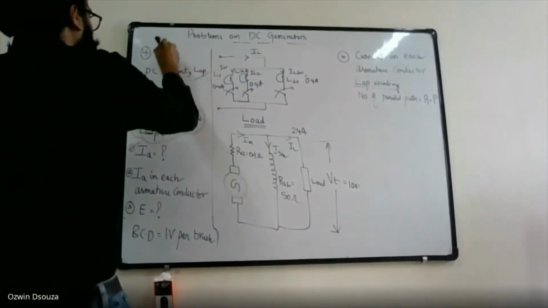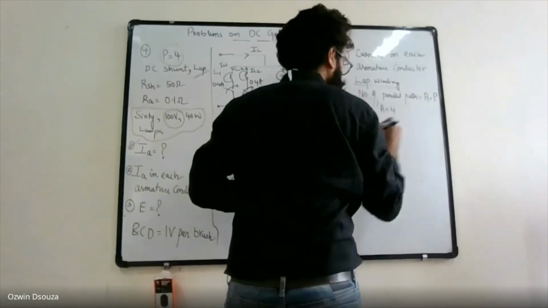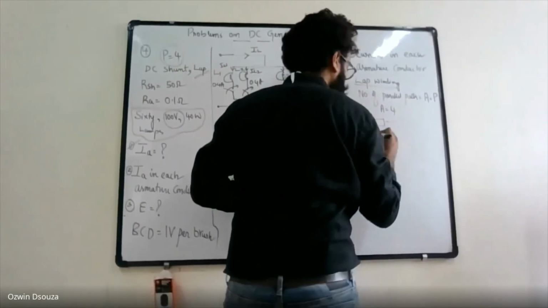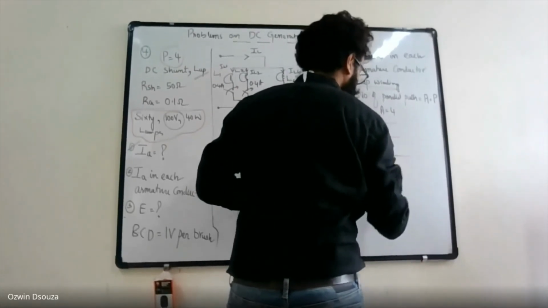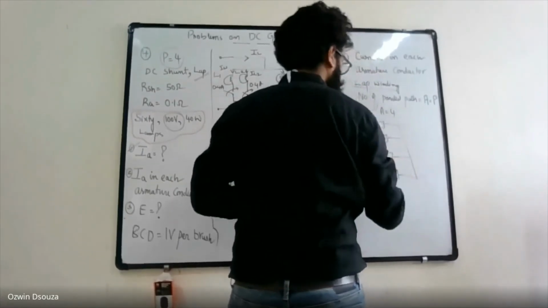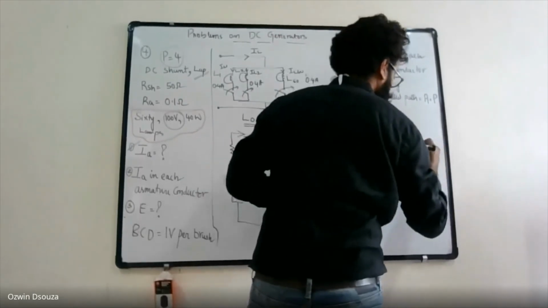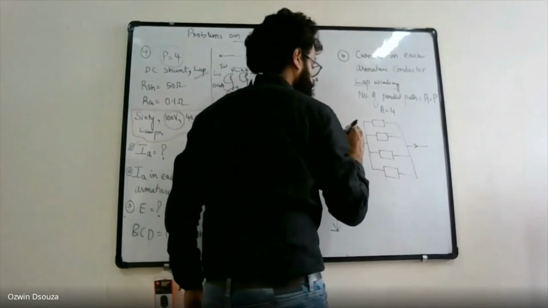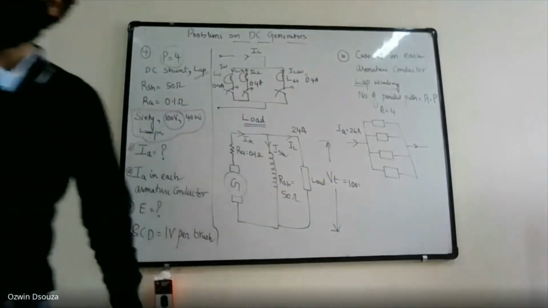And it's a 4-pole machine, so P is equal to 4. So A is equal to 4. Basically, you will have 4 parallel paths. This is your armature current, which is 26 amperes.